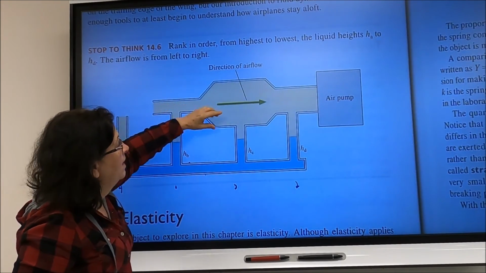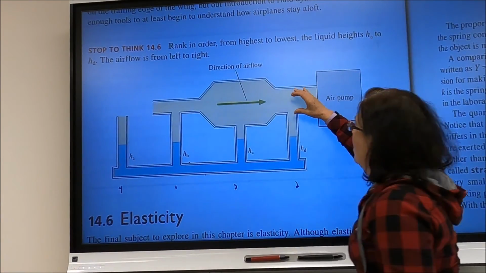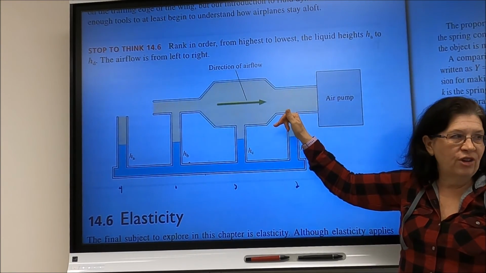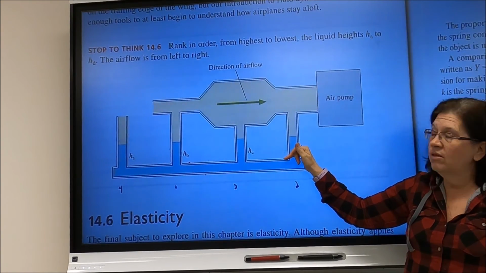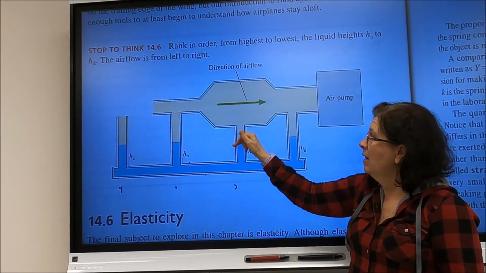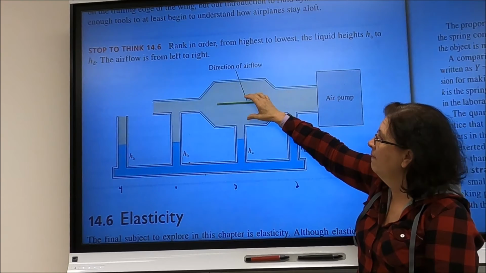Okay? When it comes into here, we've got a big expansion. When we get to here, it contracts a little bit. This is the next widest section of pipe. So this one's going to have the next highest height of liquid. Here in the middle is going to be the broadest. Okay?